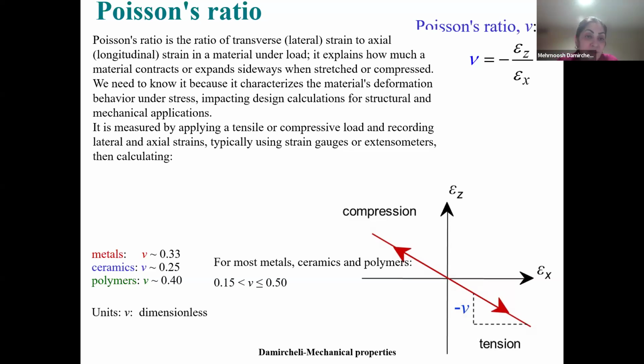You see several values of nu: for metals approximately 0.33, ceramics 0.25, polymers 0.4, and the equation is nu equals minus epsilon z per epsilon x. If the force is applied in the x direction, that is the axial strain, and here it is the lateral one. Okay.